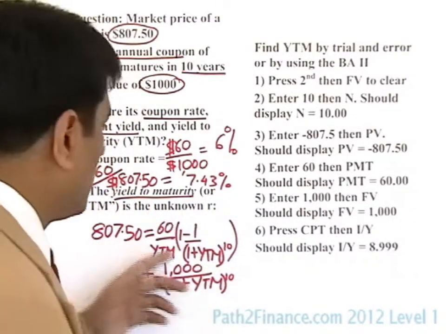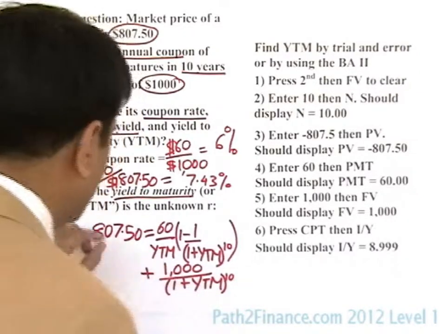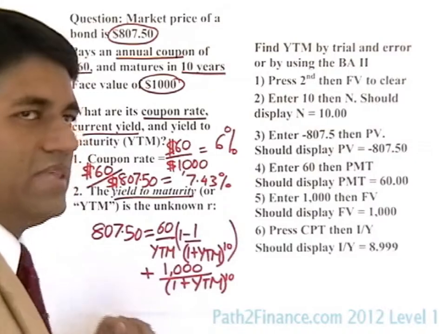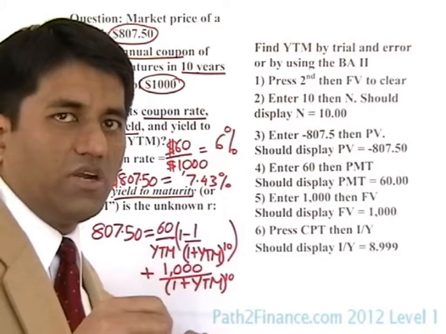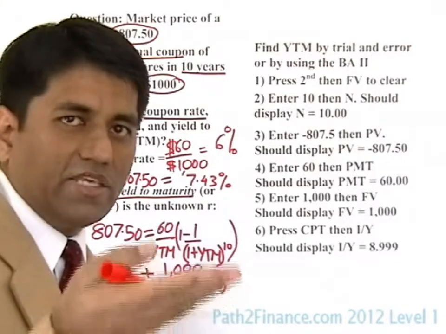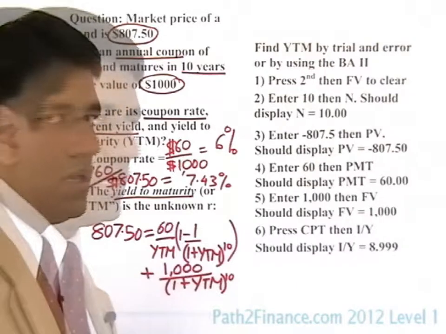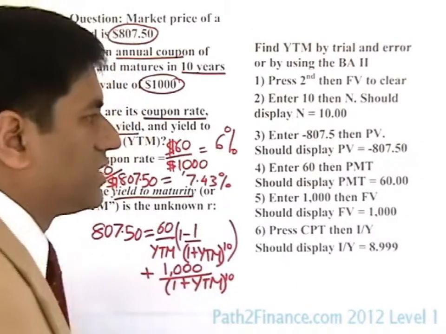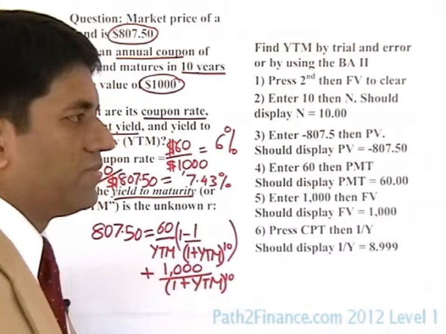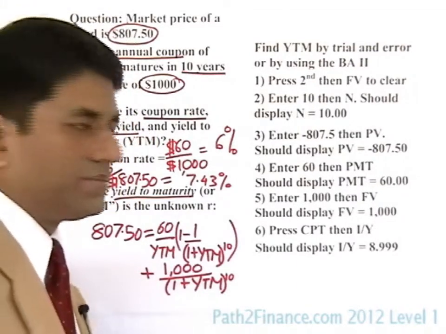On the other hand, if the price for the yield to maturity that you are trying turns out to be too low, then you decrease the yield to maturity, and like this, by trial and error, you can approach the answer if you're not using the financial calculator. And the answer turns out to be that the yield to maturity is 9%.